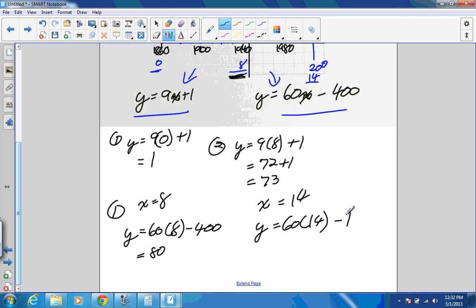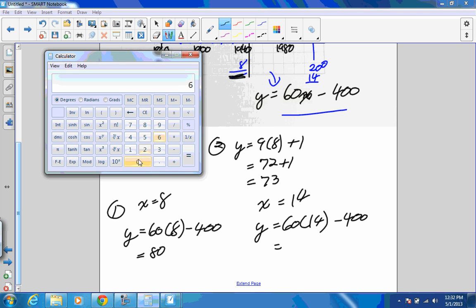Plug that into our calculator. 60 times 14, minus 400 will give us 440.